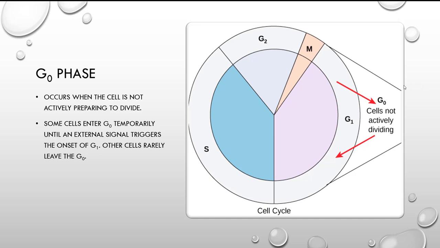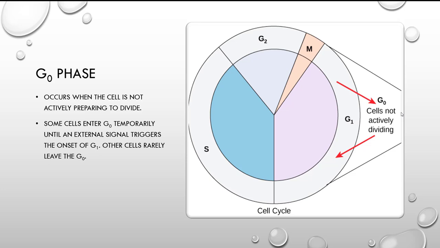Now some cells will be there temporarily. So they'll stay in this G0 phase until some sort of external signal triggers them to re-enter the cell cycle in G1. Okay. Some cells stay in the G0 forever and rarely leave it. So it just kind of depends on what type of cell.